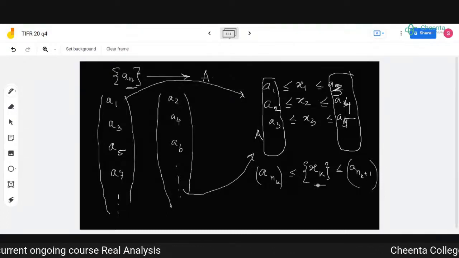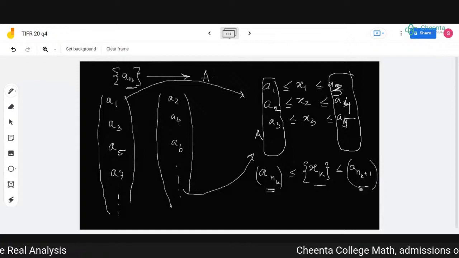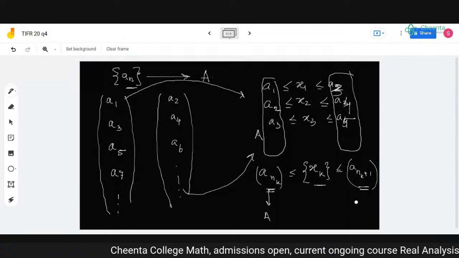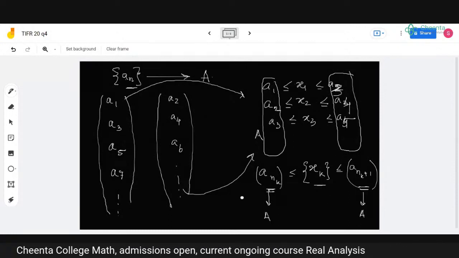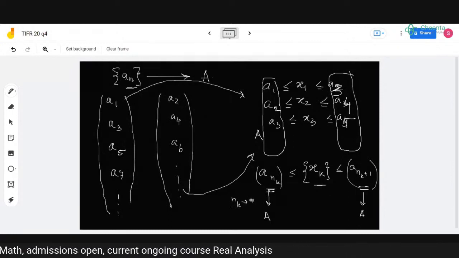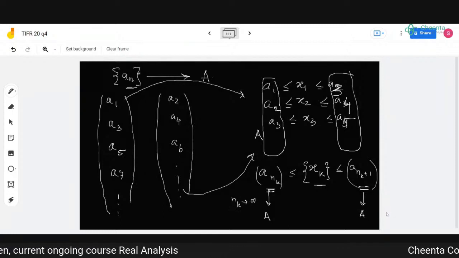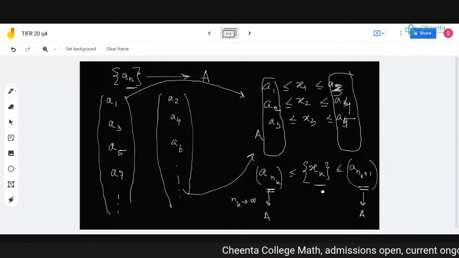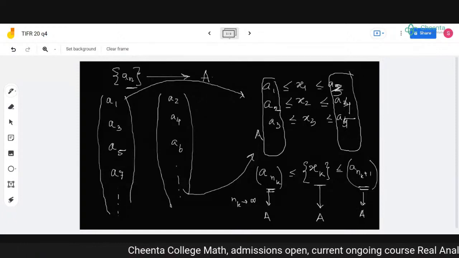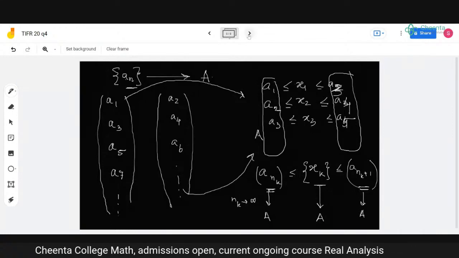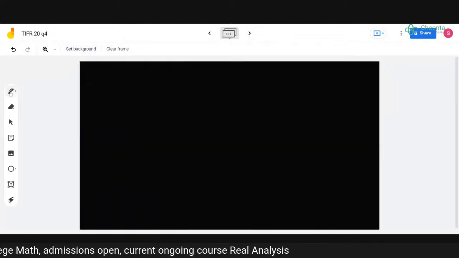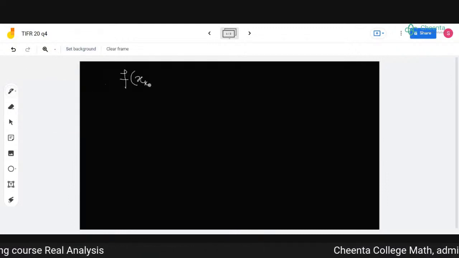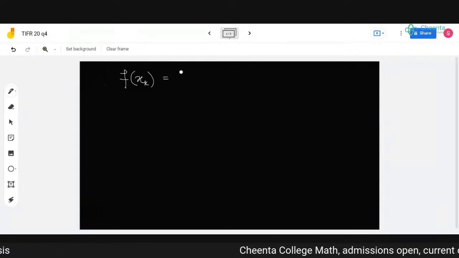Now, since this sequence is bounded by these two subsequences, by the squeeze theorem, both of these tend to a. Hence, as k tends to infinity, n_k and n_{k+1} both tend to a, so x_k tends to a. But what I have now is that for each of the x_k's, f(x_k) is equal to m.